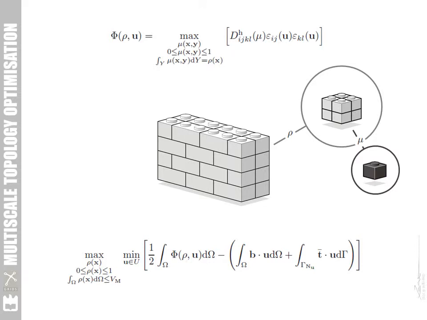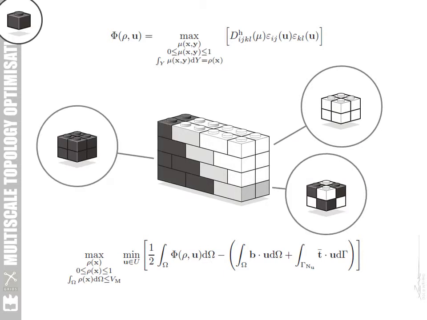In this case, we have the variables that control the problem, but instead of only having material and no material, we have material at a given point, with a constitution defined by a specific optimization problem. As we can see above, we have a new problem, which is the problem of the microscale. In the end, we get a hierarchical optimization procedure where we have optimization on the macro scale and optimization on the micro scale.